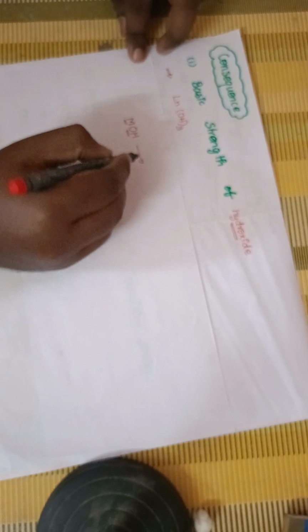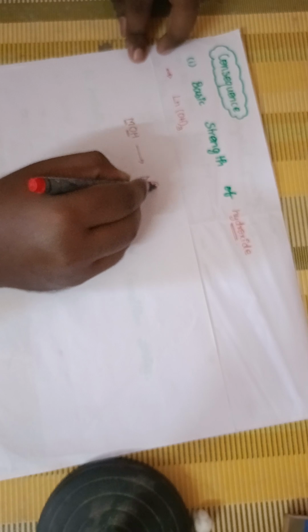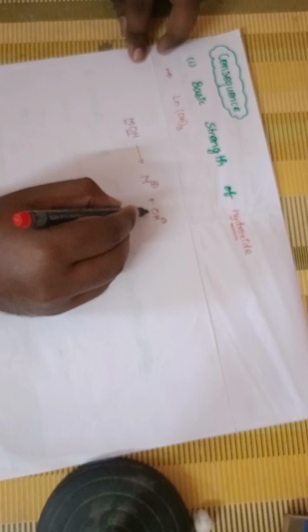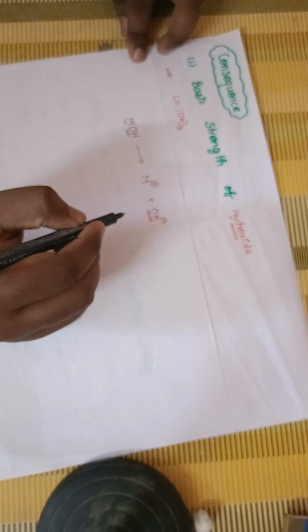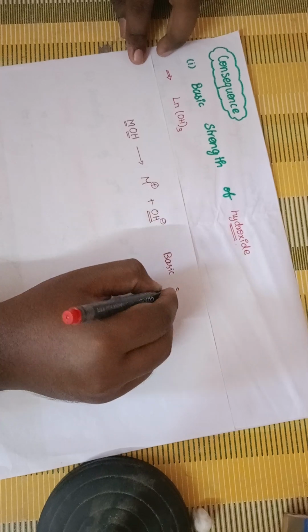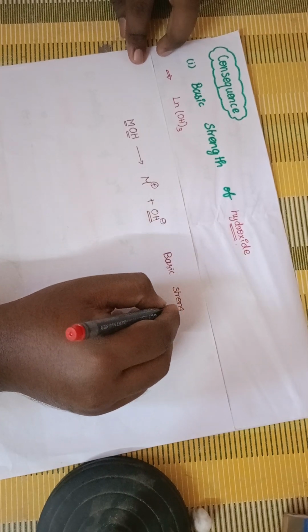If you dissolve this in water and it dissociates, it will produce M plus and OH minus. How fast it releases OH minus determines the basic strength. Basic strength of a compound is how quickly the compound is ready to lose OH minus.